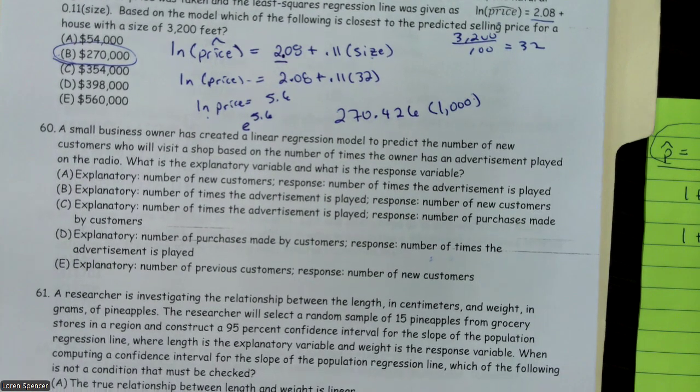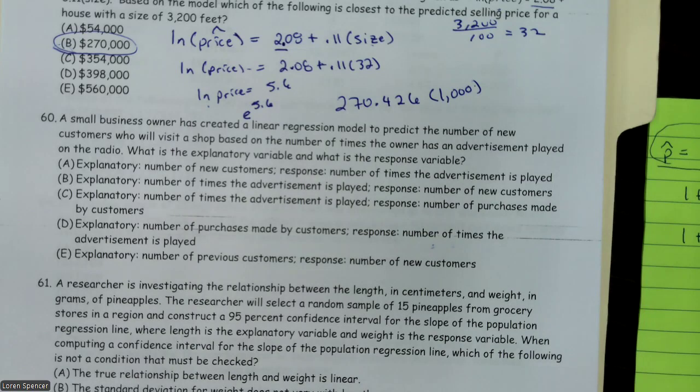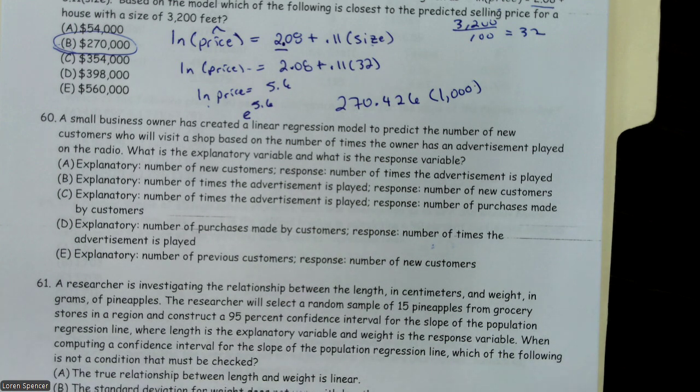All right. Number 60. A small business owner has created a linear regression model to predict the number of new customers who will visit a shop based on the number of times the owner has an advertisement played on the radio. What is the explanatory and what is the response? So they're asking me for what my Y and what my X is. So let's reread that.